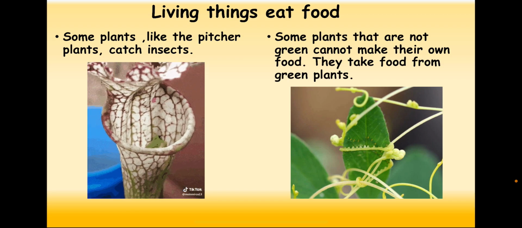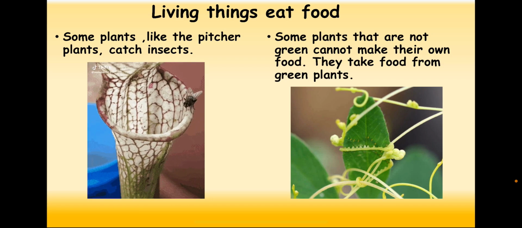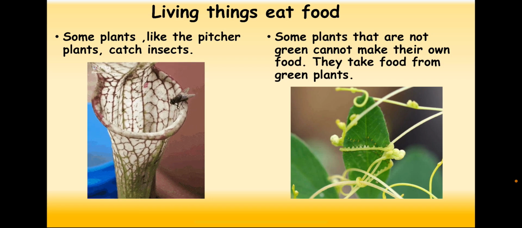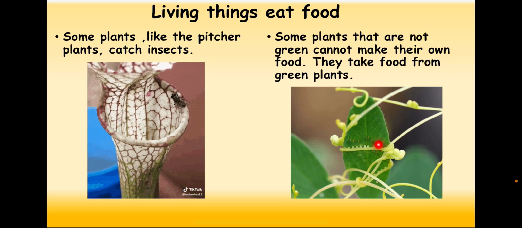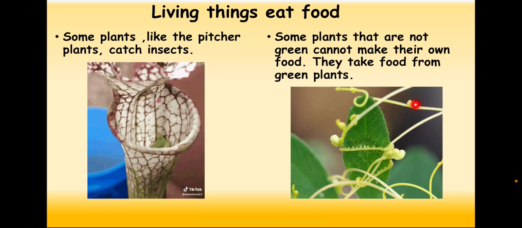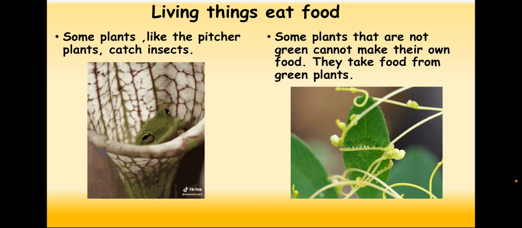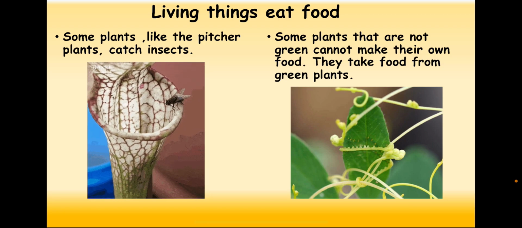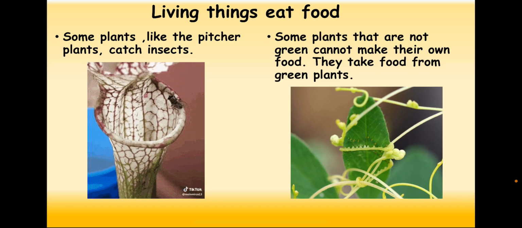Green plants can make their own food, but if they are not green, they cannot. They take food from the green plant. In this picture, this is the green plant and these are the toadstool plants, and they get the food from this leaf. So all living things need food to grow. Food is very important for us.